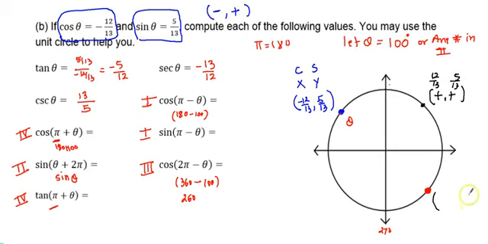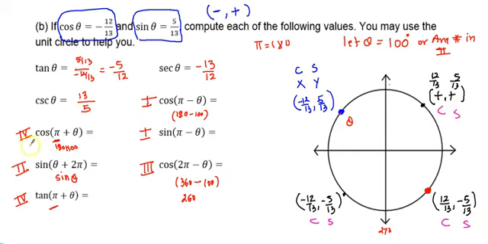If I reflect in the fourth quadrant, it will be 12 over 13, negative 5 over 13. Third quadrant, they are both negative. And we know that first is cosine, second is sine.